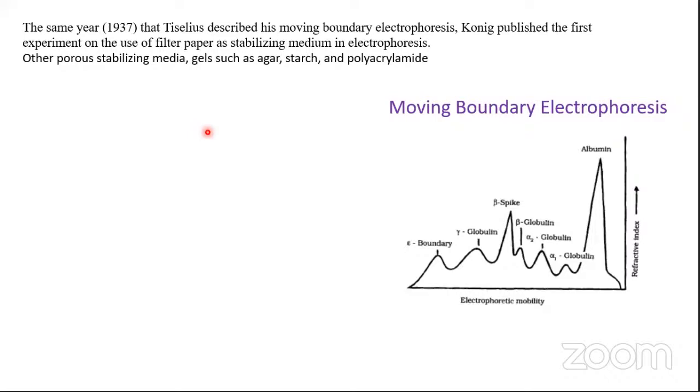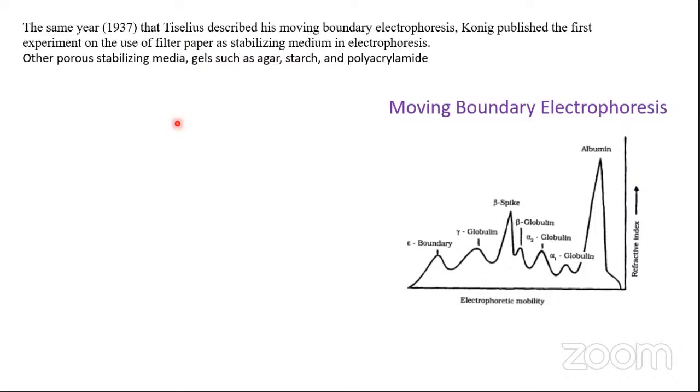But I am just giving you a direction to think over it. Paper is still not a very well preferred stabilizing media, although the first stabilizing media to be used for zone electrophoresis was filter paper.